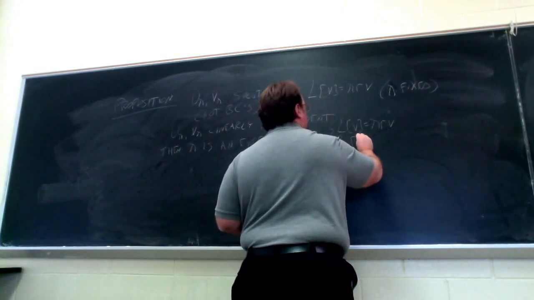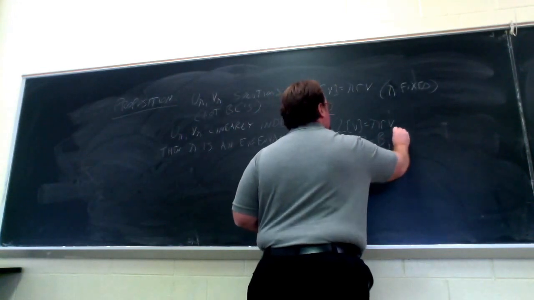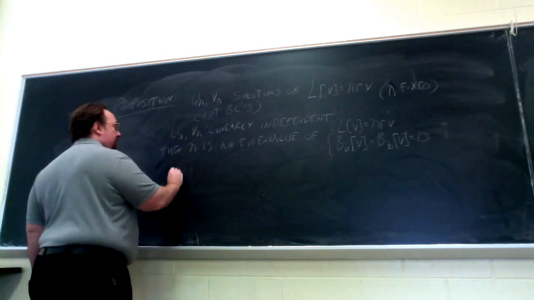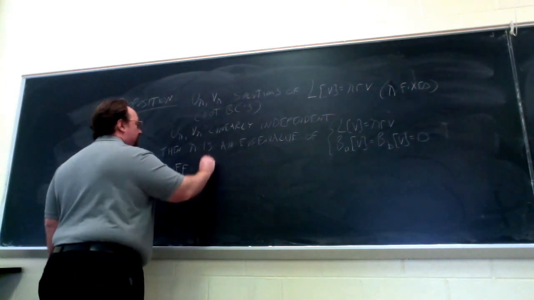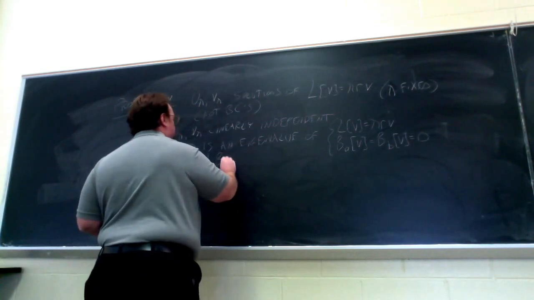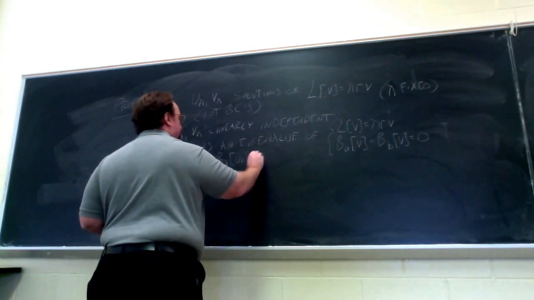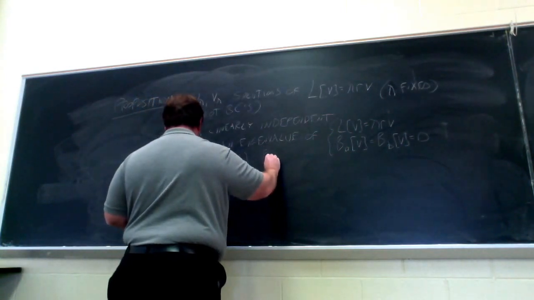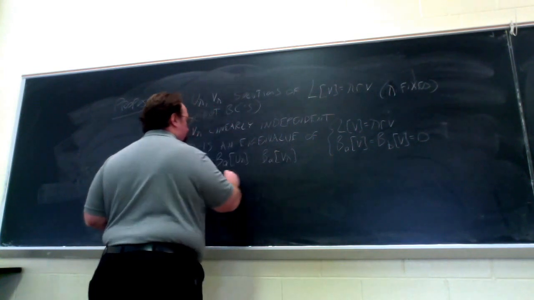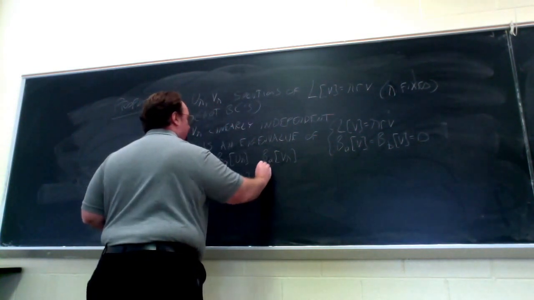So for a given boundary operator, if and only if the determinant of this matrix, where you plug both your solutions into the boundary conditions, so top row is at x equals a, bottom row is x equals b, is 0.